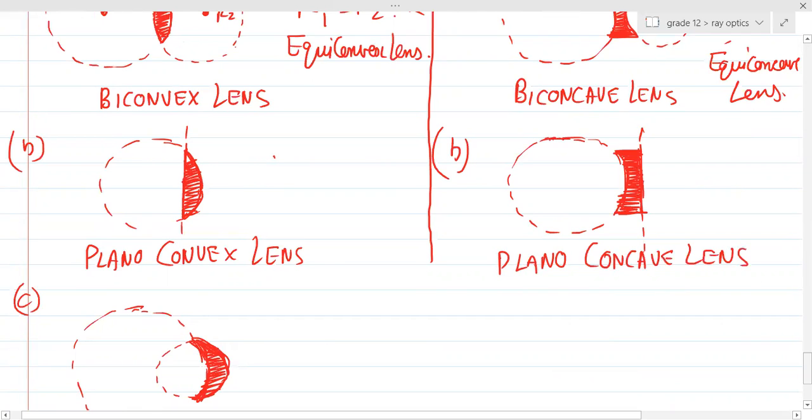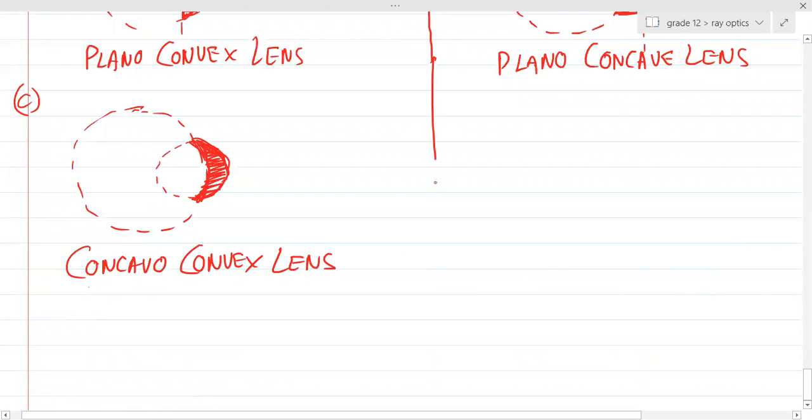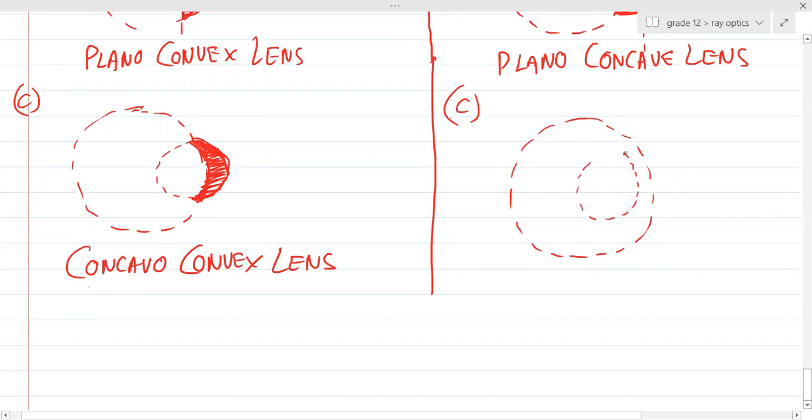And the last one, one surface is like this and another surface is like this. Can you see, are these two surfaces intersecting with each other somewhere? No, right?